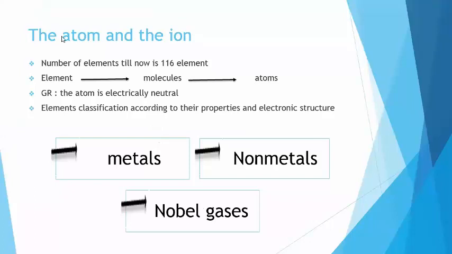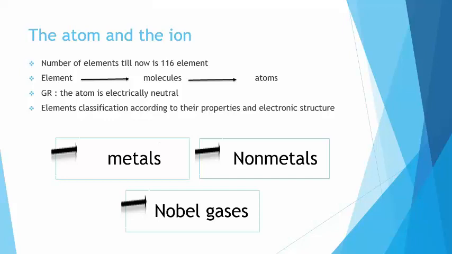Firstly, we have studied that the number of elements till now is 116, and that every element is composed of molecules, and molecules are composed of smaller units known as atoms. In the atom there are two parts, the nucleus and the electrons.